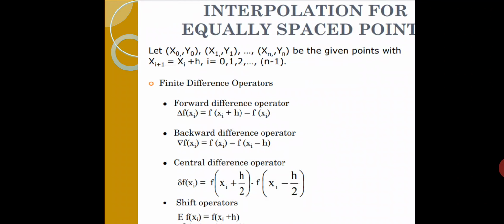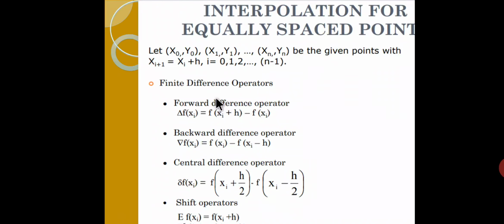And given argument values are central values: here we have two methods, Gauss forward interpolation and Gauss backward interpolation.